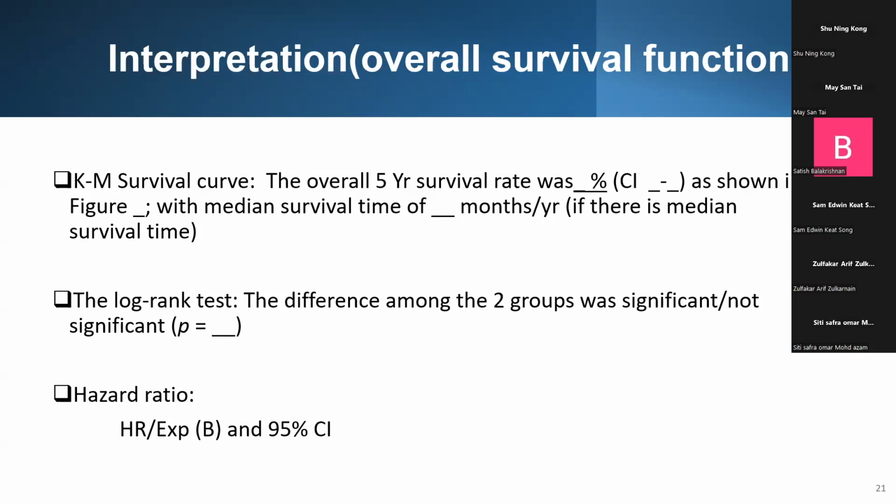Then we also have to look at the survival table to see the median survival, which is the 50% cumulative, and when the median survival time is. We also look at the log rank test, whether these two groups are statistically different or not, then we reject our null hypothesis. And the hazard ratio from there, so we can see B, exponential B.